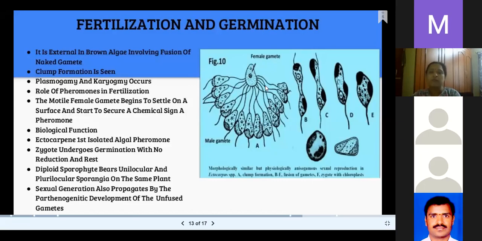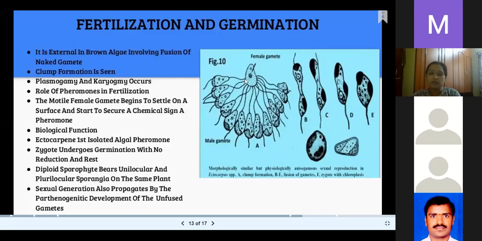Here plasmogamy and karyogamy both are present, and in fertilization, the motile female gamete begins to settle and produce chemical hormones. That is the biological function.